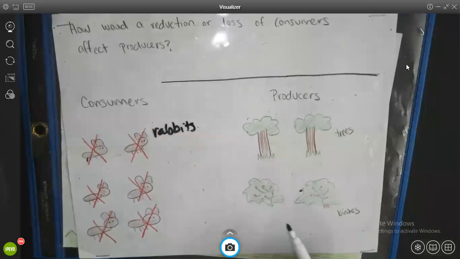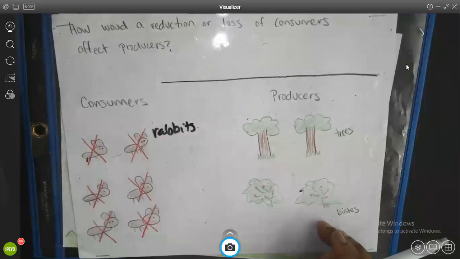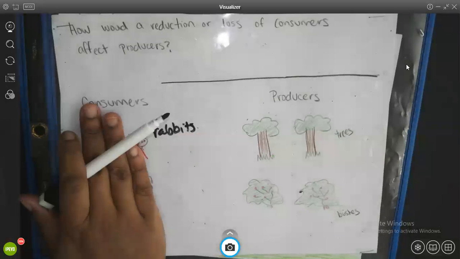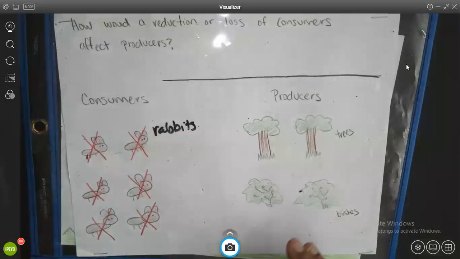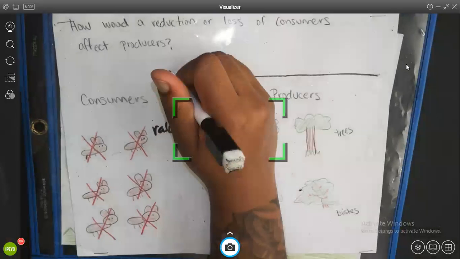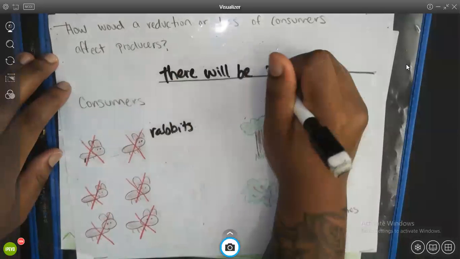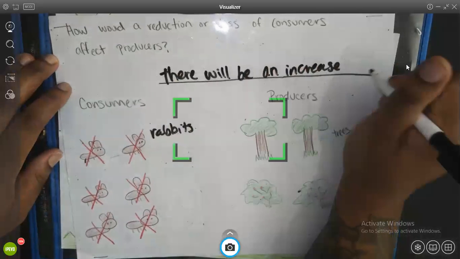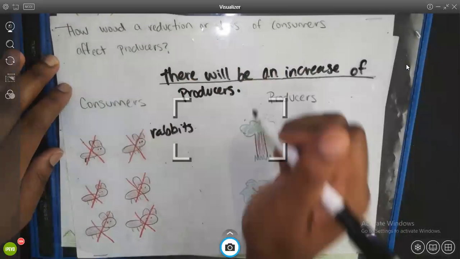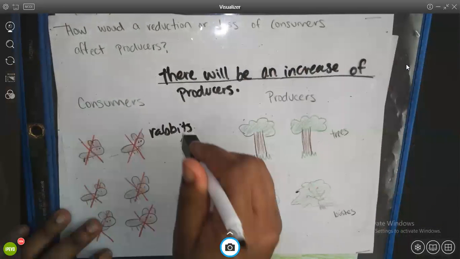So if there was a reduction or loss of consumers, how would that affect the producer? Basically, there are no consumers that eat these producers. How would this affect the producers? You should say that there would be an increase of producers. Remember you can always pause this video. So there would be an increase of producers if there was a reduction or loss of consumers.